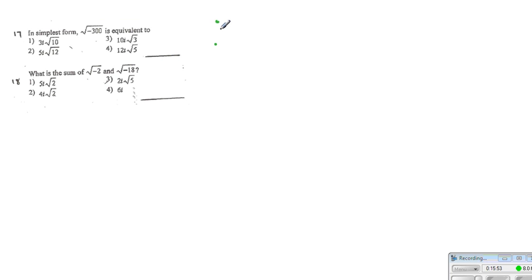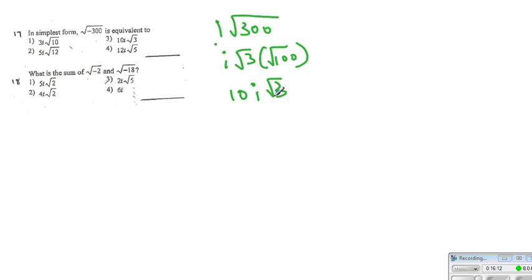As soon as we see the negative, then we can take out negative and it becomes radical 300. Now, as we all know, this one is equal to i and then square root of 3 times square root of 100. And square root of 100 is equal to 10, so we end up getting 10i radical 3. That becomes our answer. Choice number 3.